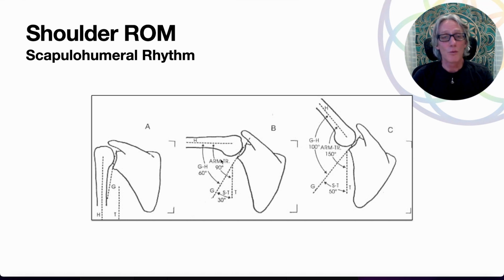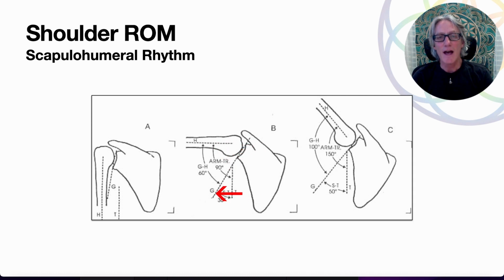So what we have in this diagram is, here's where the arm is neutral, and then as it moves away from the scapula, as it abducts out away from the body, the first 30 degrees or so is all at the glenohumeral joint right here. It's all arm movement. Right?